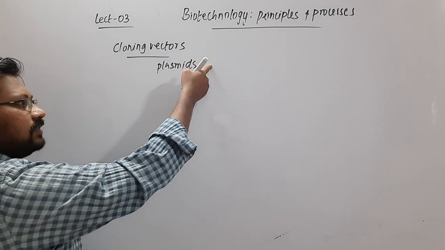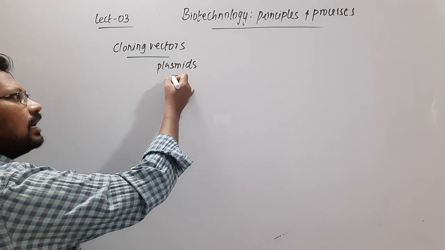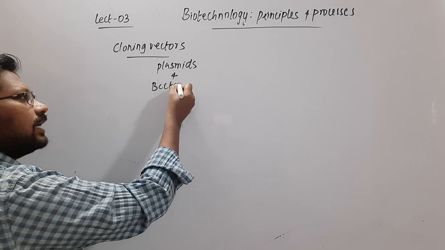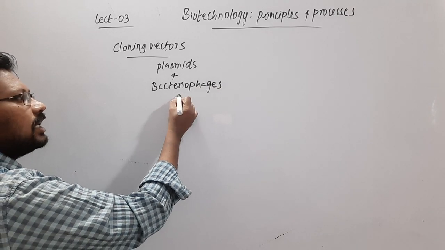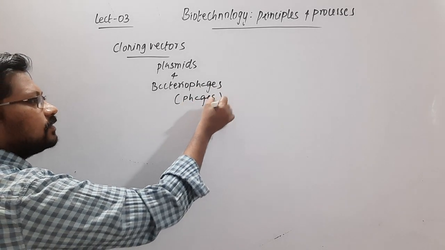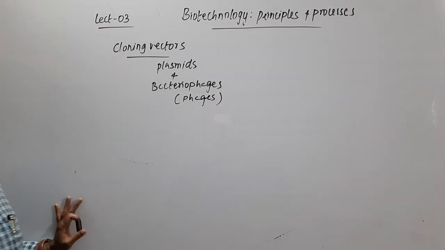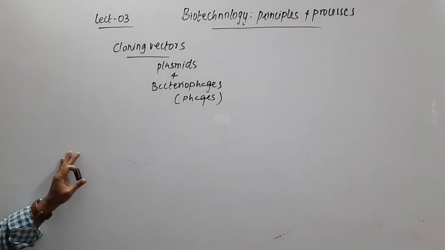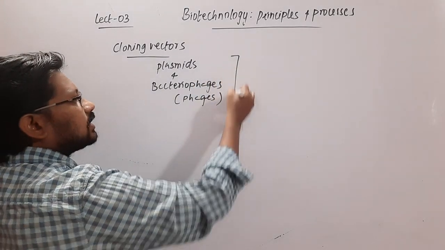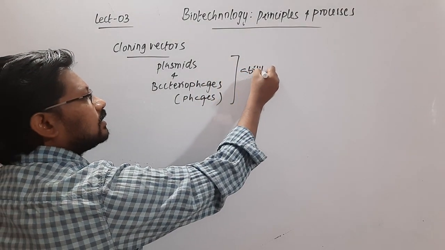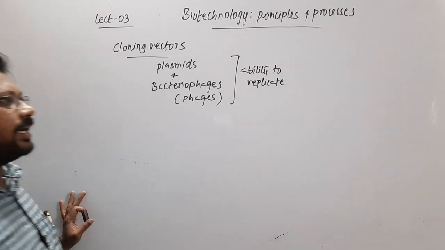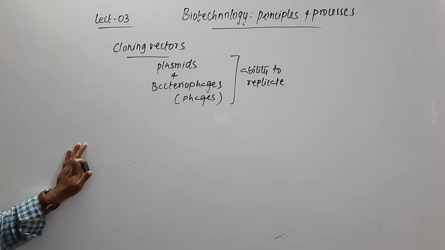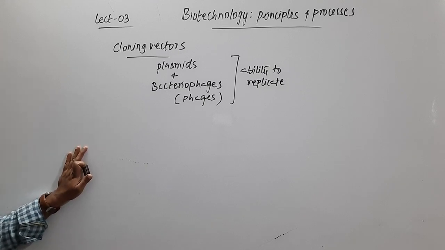So the plasmids have the ability to replicate by themselves, and also the bacteriophages. I hope you remember that these bacteriophages are nothing but phages, I mean viruses. Both these plasmids and bacteriophages have the ability to replicate by themselves in the host cells, like for example the bacterial cells.